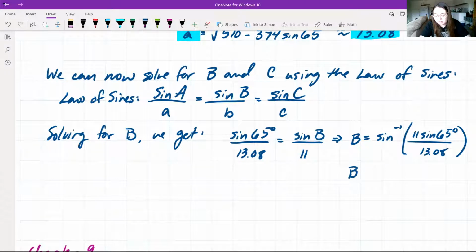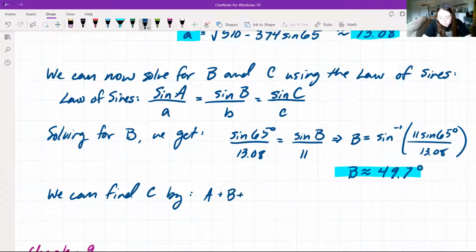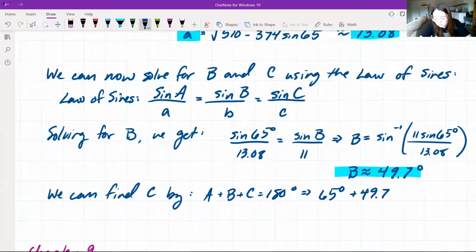Which in this case, if we use a calculator, which we'll definitely want to do at this point, we'll end up getting the value of B being 49.7 degrees. So since we have our value of B and our value of A, we can easily find C. We can find C by the fact that A plus B plus C is equal to 180 degrees, where we have 65 degrees plus 49.7 degrees plus C is equal to 180 degrees.